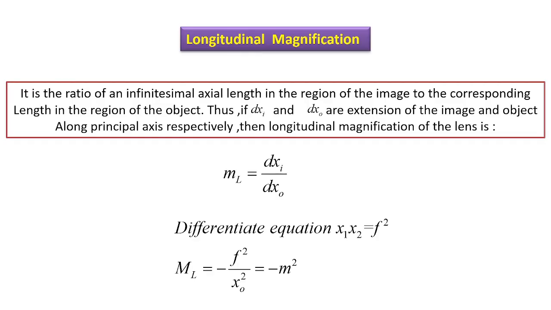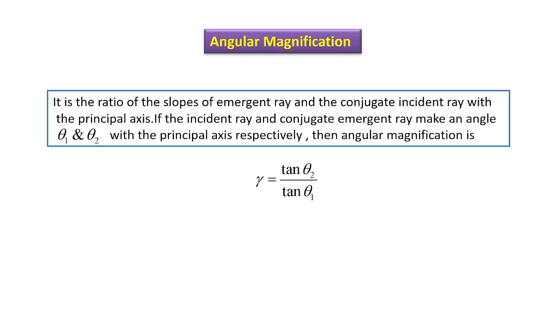So differentiating the Newton's lens equation x1 into x2 is equal to f square, mL is equal to minus f square divided by x0 square, which is equal to minus m square.